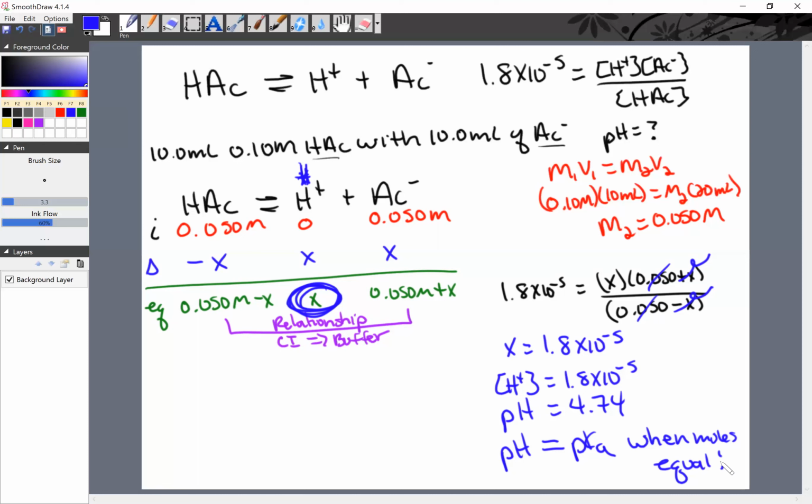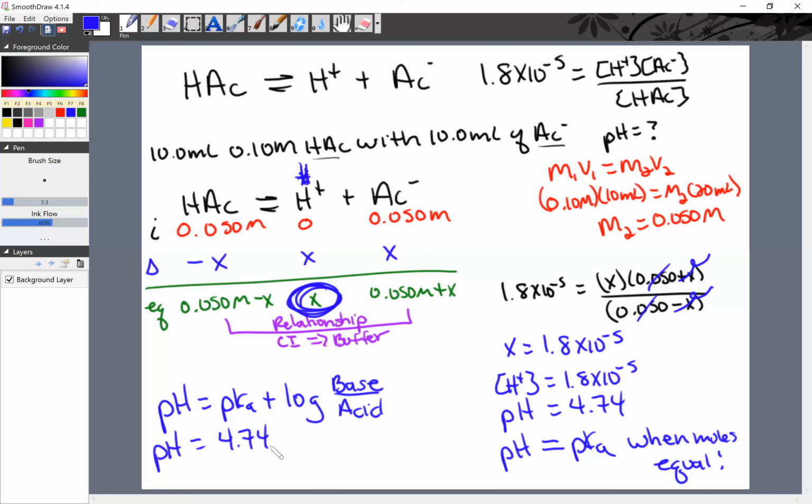Okay, well, that didn't seem so hard, but if I recognize this, I could have just started with a shortcut, and that is the Henderson-Hasselbalch. If I recognize it as a buffer, I could have said, oh, look, if I want the pH, the pKa of acetic acid is 4.74.